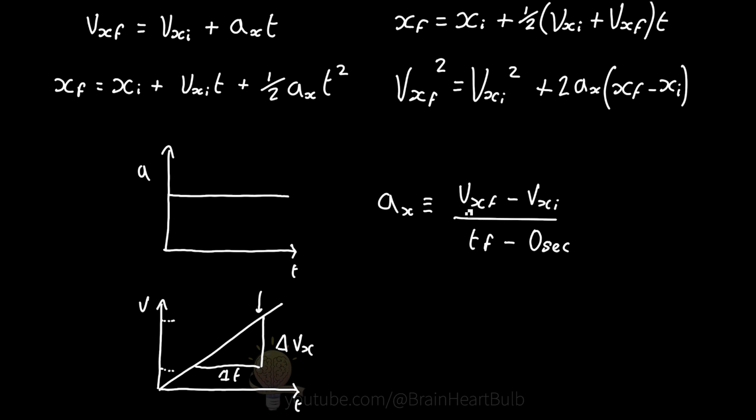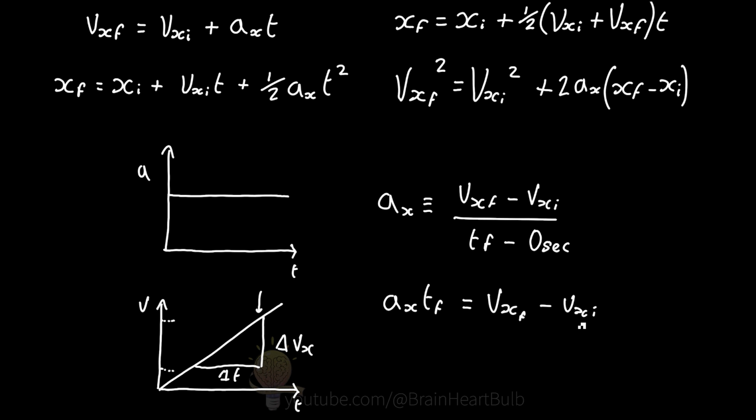With this equation here, we can transpose it to make the final velocity the subject of the equation. If we multiply both sides by the final time, we get a_x t_f is equal to the final velocity minus the initial velocity.